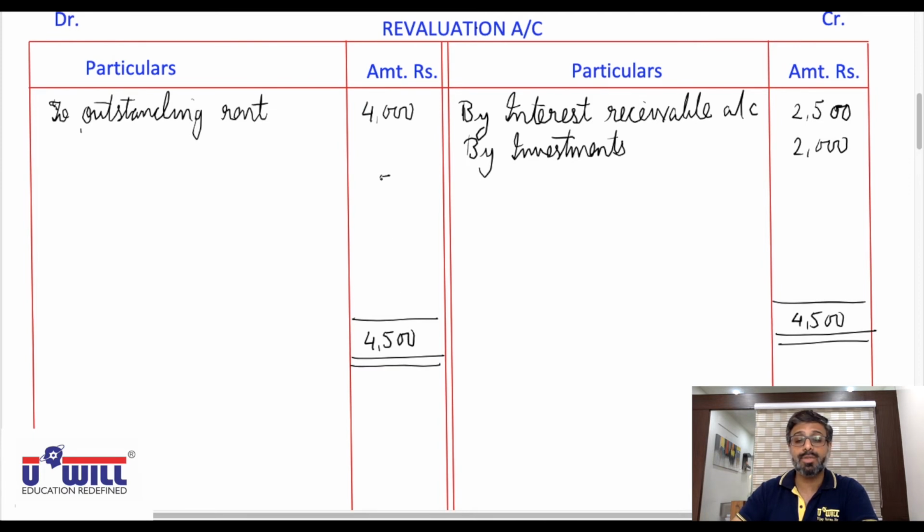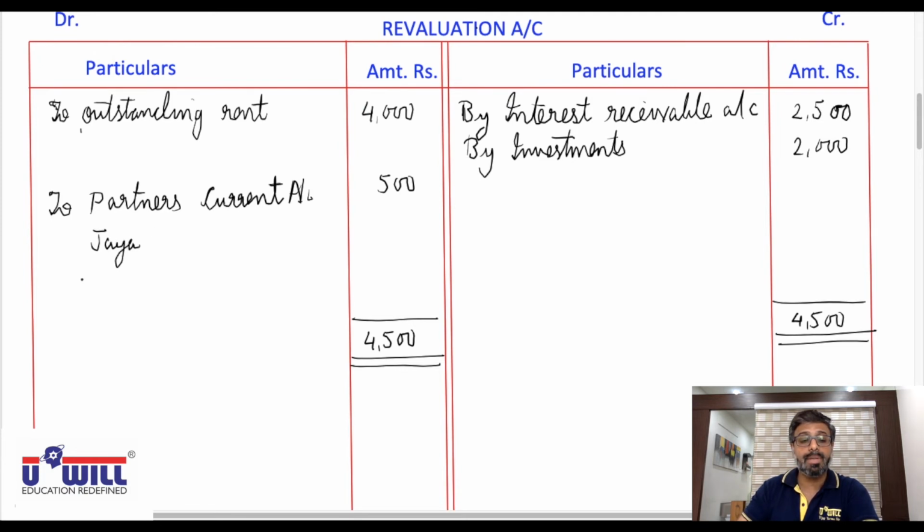Minus 4,000. So 500 balance will remain to the partners' current account. We will be transferring it to the partners' current account, and it will be distributed among Jaya, Mamta and Smriti in the old ratio 4:5:1.